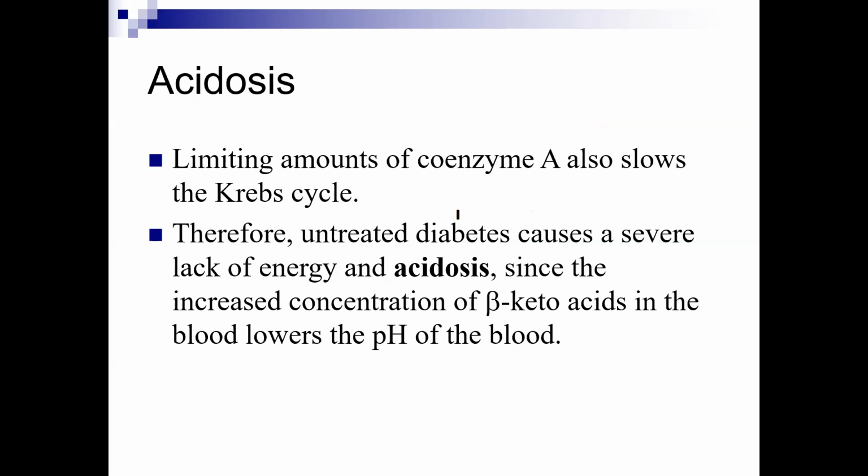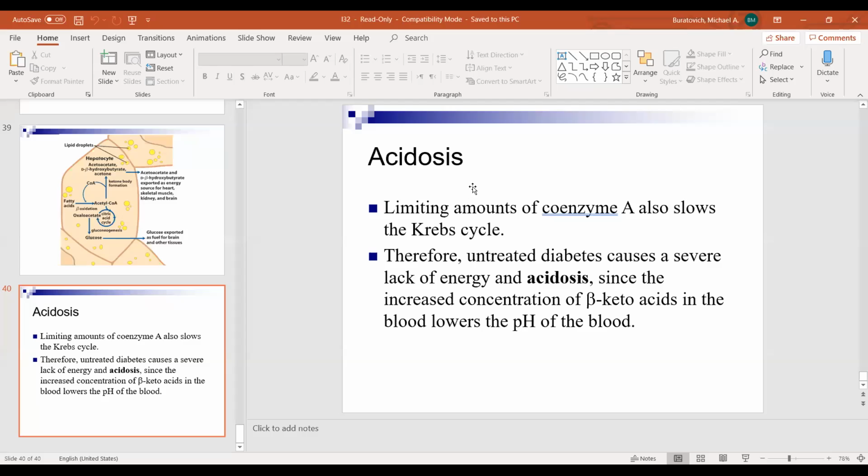Okay, so untreated diabetes mellitus can cause severe dehydration, severe electrolyte imbalances, and that is potentially quite dangerous. So the best thing you can do if somebody starts to pass out due to some sort of diabetic coma is put some sugar under their tongue.